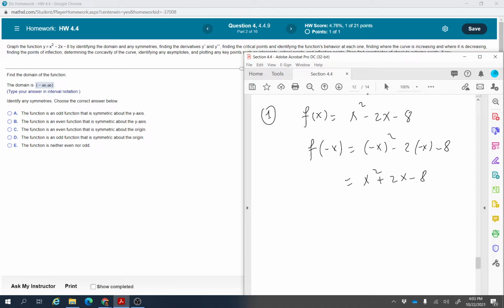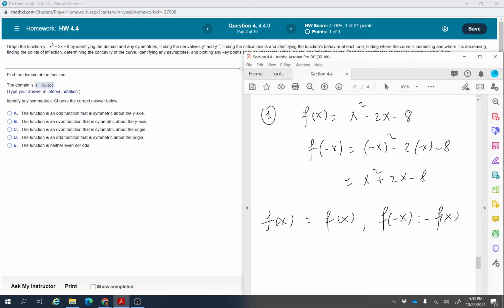So now symmetry can be found by comparing the value of the function at negative x. If it's equal to f of x, that's called an even function, that's symmetric with respect to the y-axis. If it's equal to negative of f of x, that is an odd function, which is symmetric with respect to the origin.